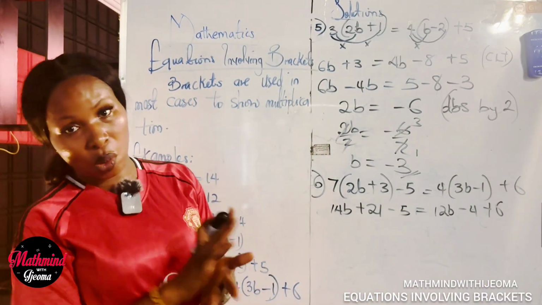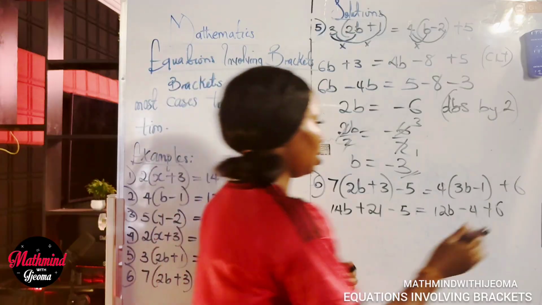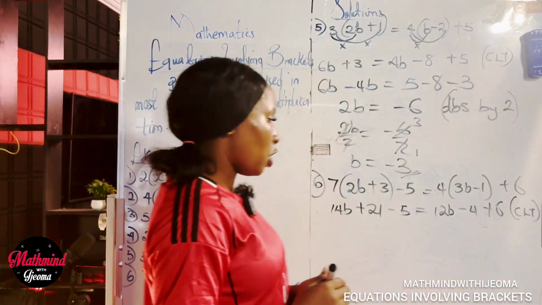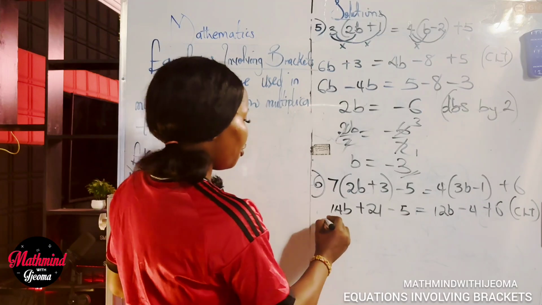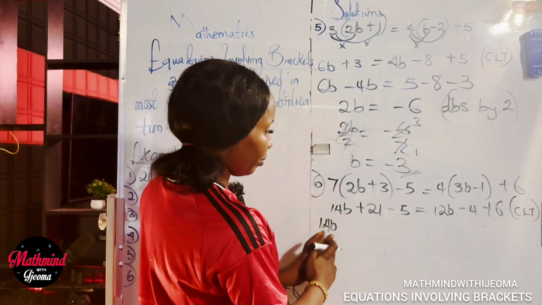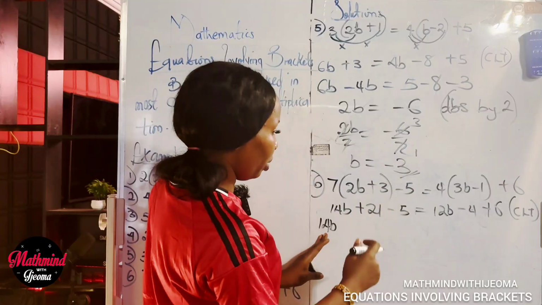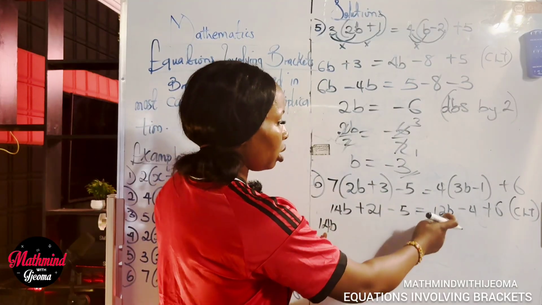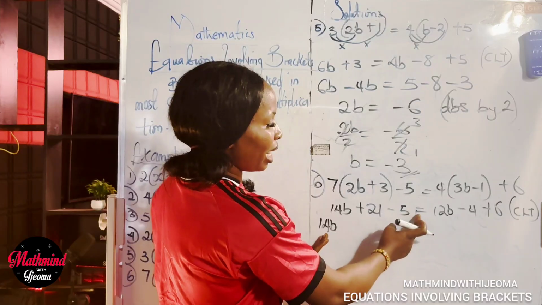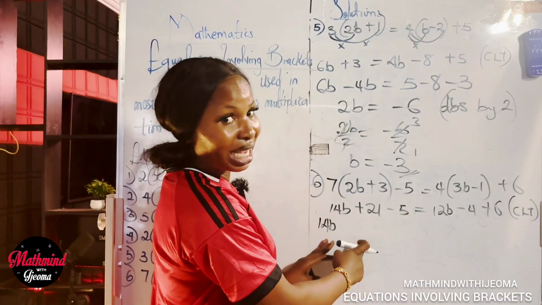What's next? Collect like terms. If you're collecting like terms, 14b is already here. Now start bringing everything with b. We have just 1, and it's having a positive sign here. So this is the equality sign. If it crosses, it becomes negative.